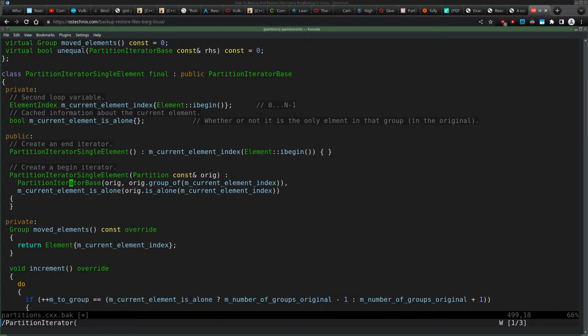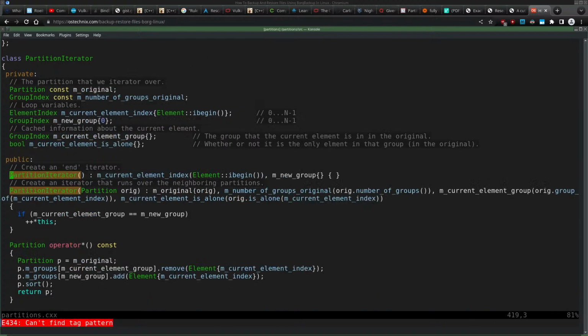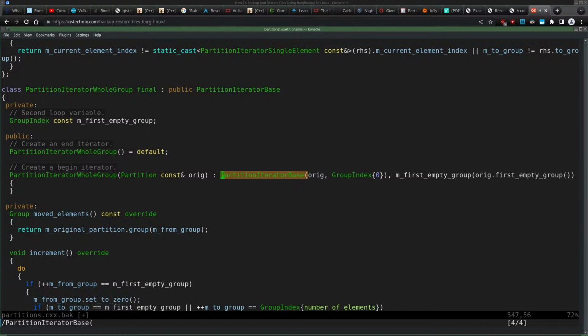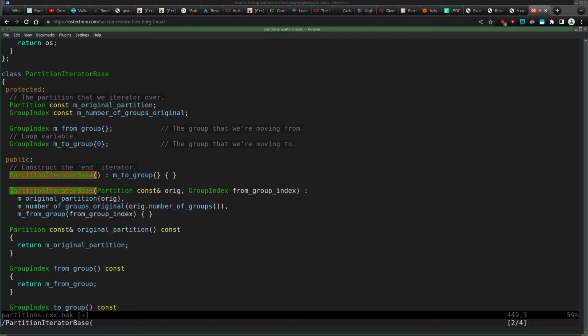Calls partition iterator base with the group of the current element index. It's doing this weird thing again. I think it's time for the debugger.